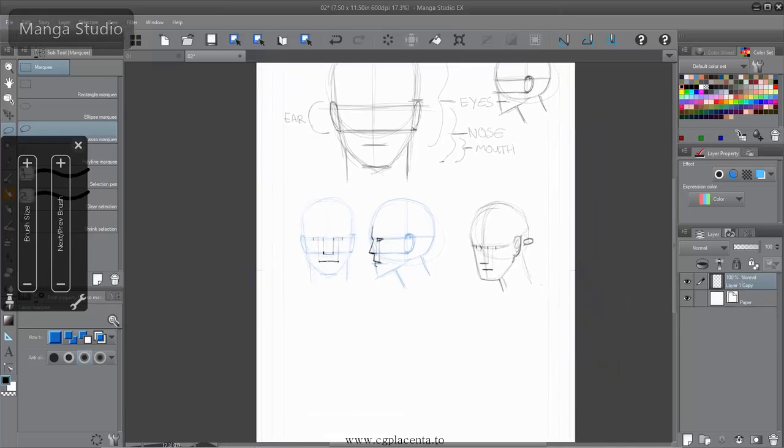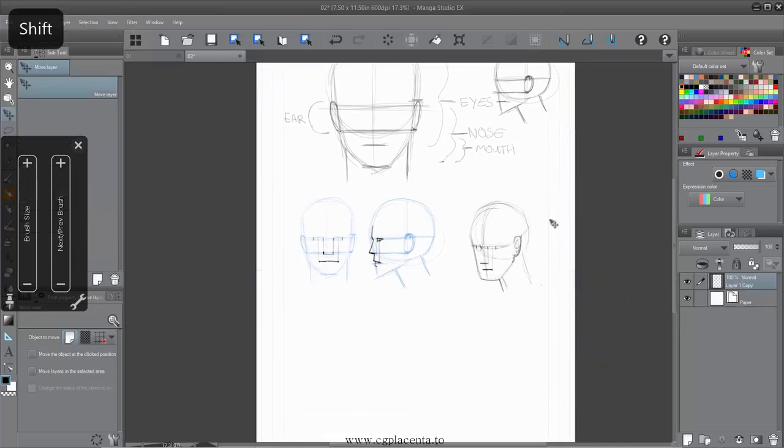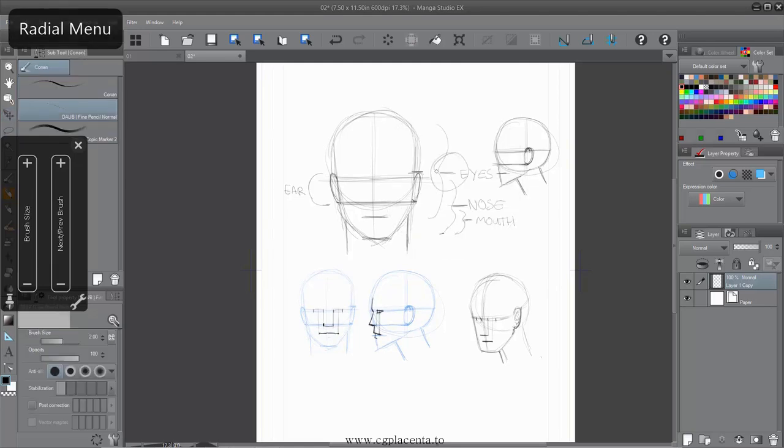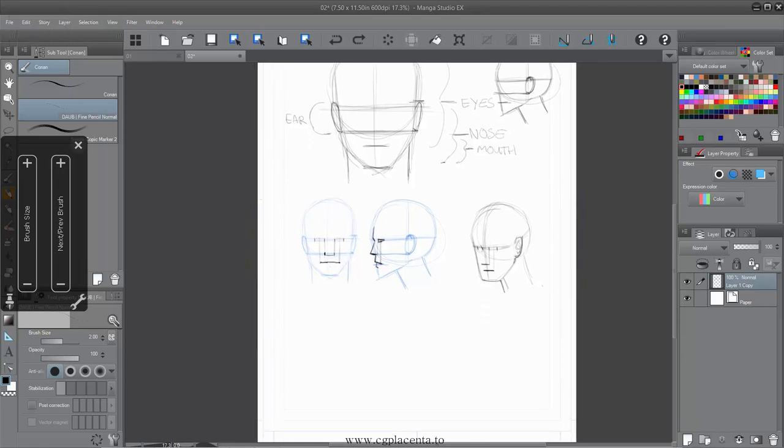I'll just move this down here so you can see it a bit better. Halfway for the eyes, and then halfway again for the nose, then halfway again for the mouth. The ears are from the brow to the bottom of the nose. Then the placement of the features.